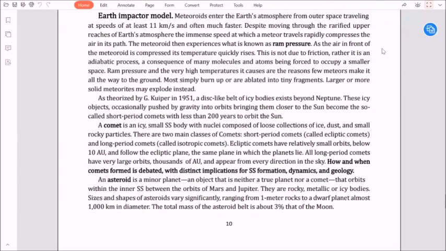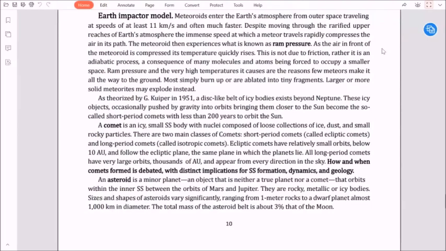The meteoroid then experiences what is known as ram pressure. As the air in front of the meteoroid is compressed, its temperature quickly rises. This is not due to friction; rather, it is an adiabatic process, a consequence of many molecules and atoms being forced to occupy a smaller space.